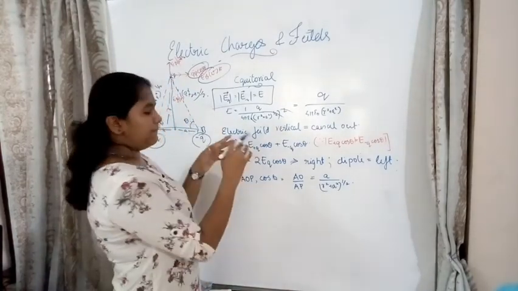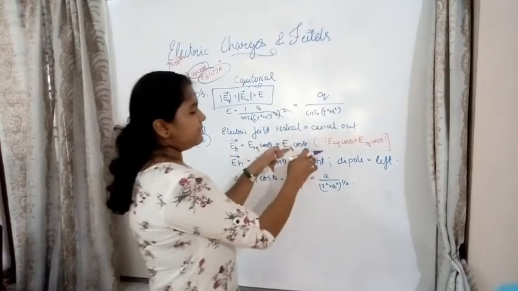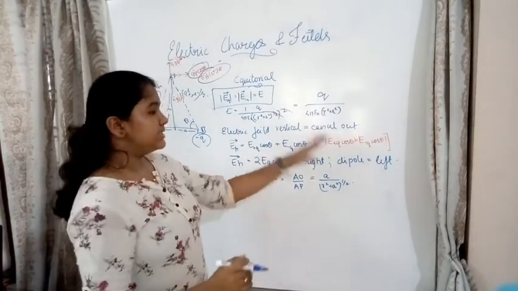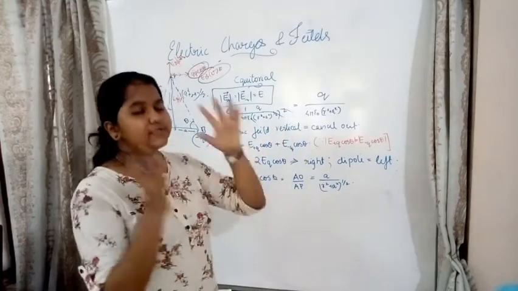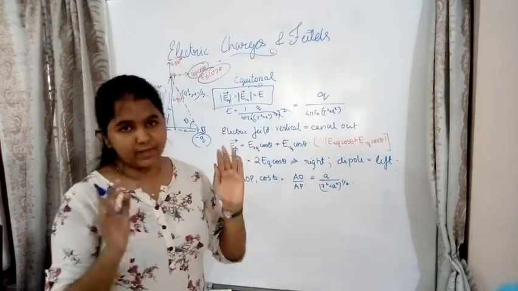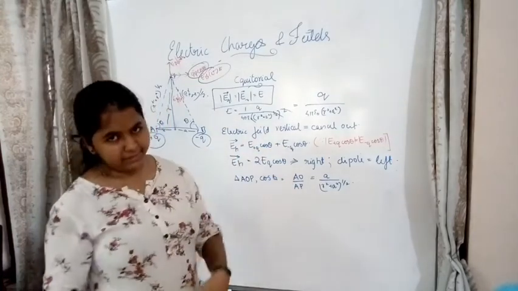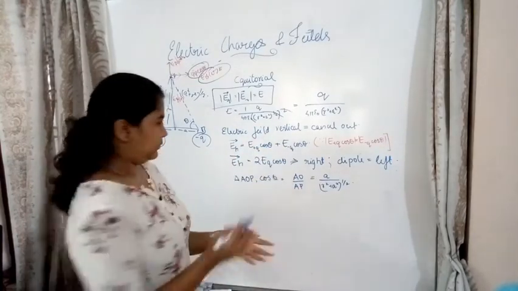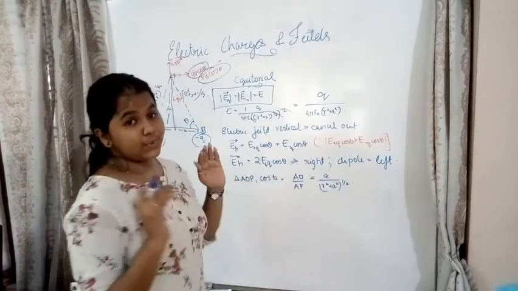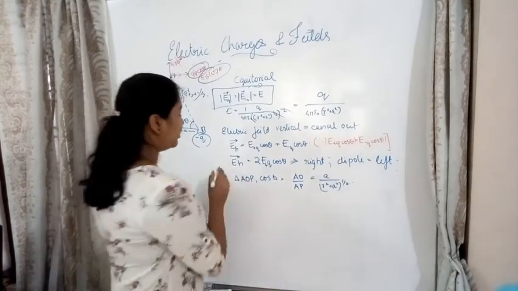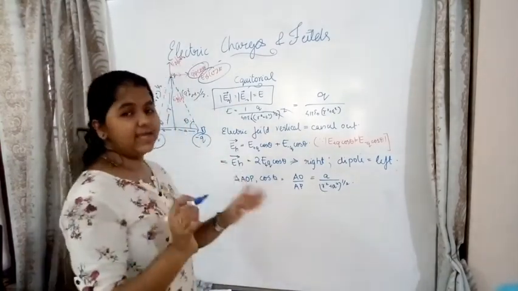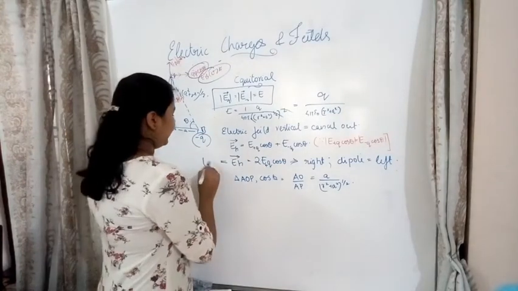So this is E plus Q cos theta plus E minus Q cos theta. Since the magnitudes of each of them are the same, we will represent it either by plus Q or by minus Q. I have taken plus Q here. E horizontal is itself the total electric field.